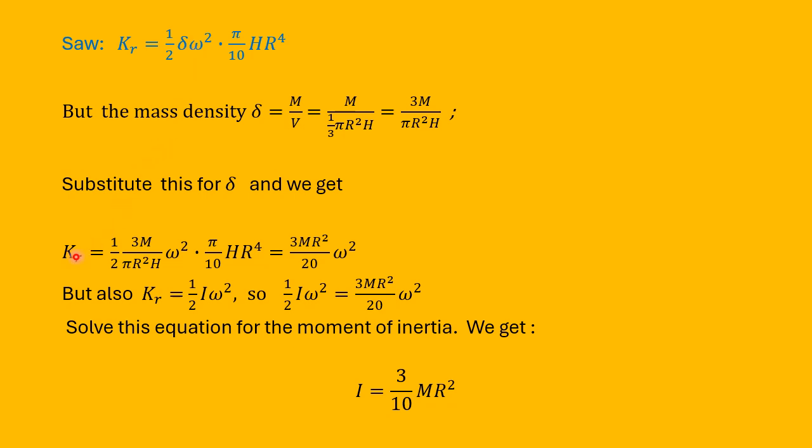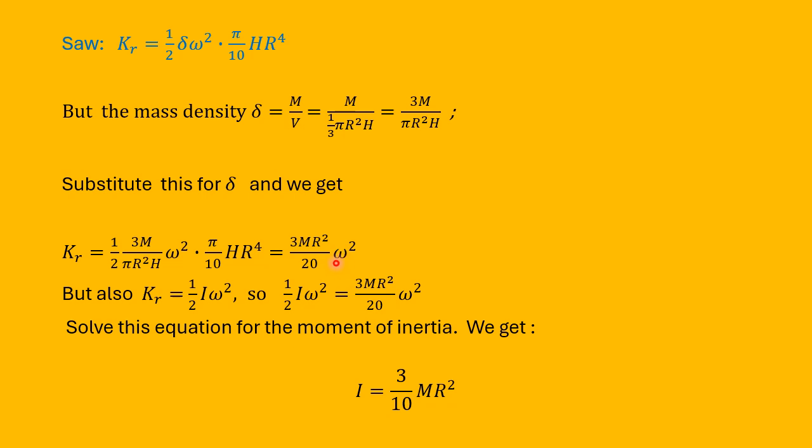So the kinetic energy of rotation then is 1/2, and then delta is this stuff here, and then omega squared, which is right here, times this factor, which is right here. This is easy to simplify. I'll let you do it in your spare time if you want to, but this times this turns out to be 3m r squared over 20 times omega squared.